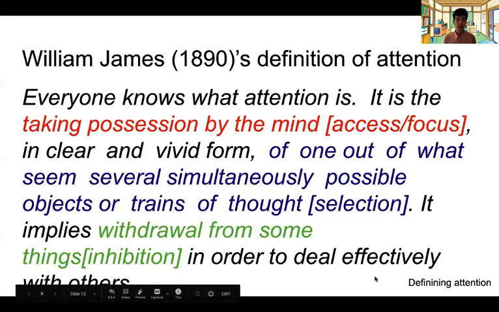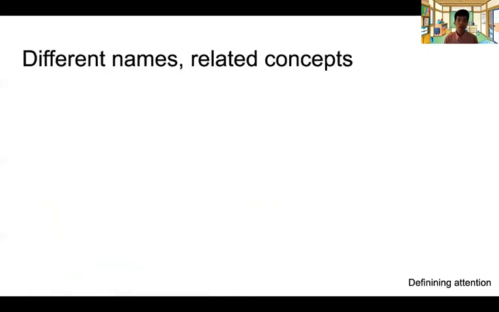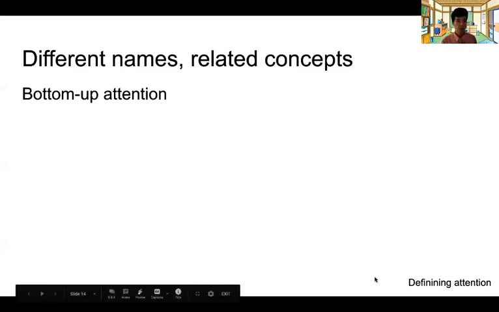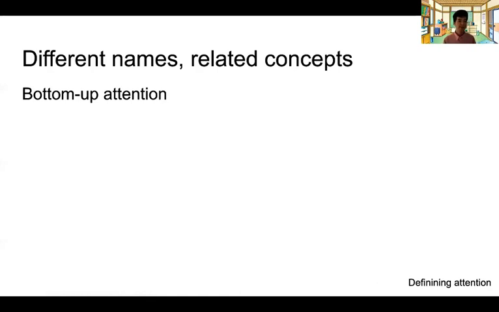That's the attention. All right, and even if we define it that way, there are still lots of related concepts, and it's still confusing. So here's my attempt to make more sense of it. One is this notion of bottom-up attention. Roughly speaking, this is the attention component that is defined or induced or captured by the external stimuli.